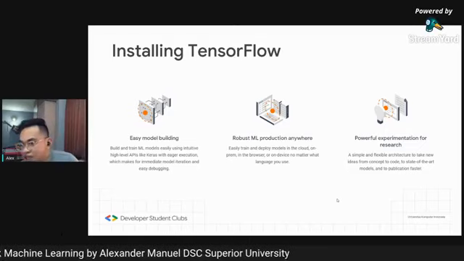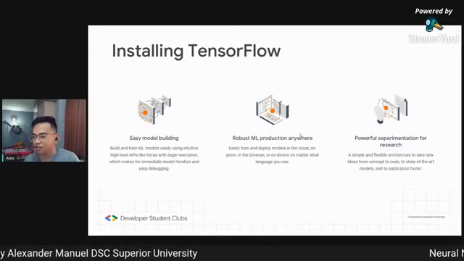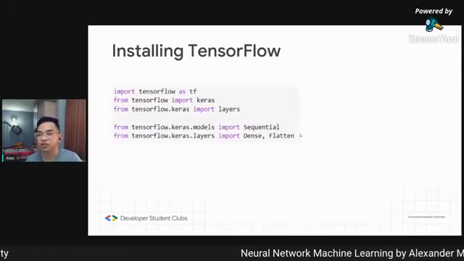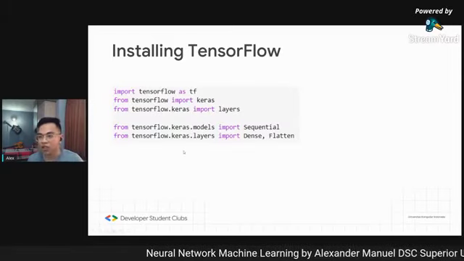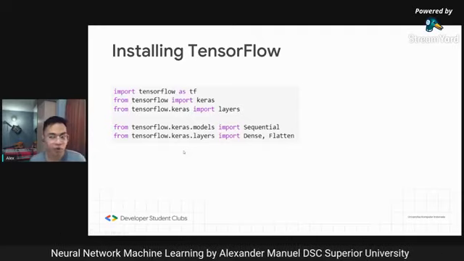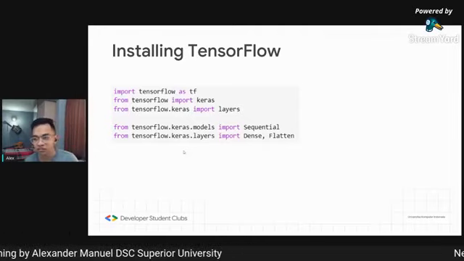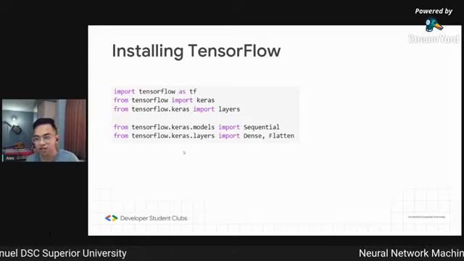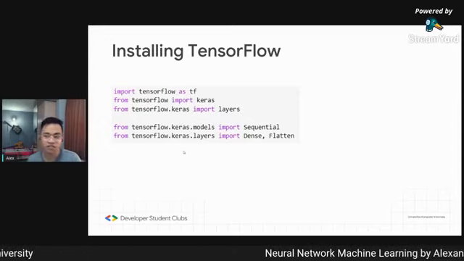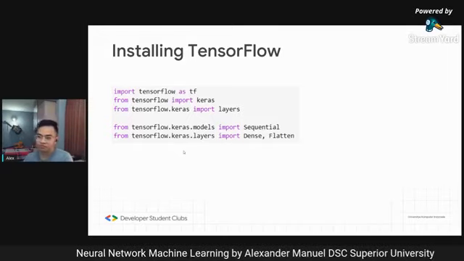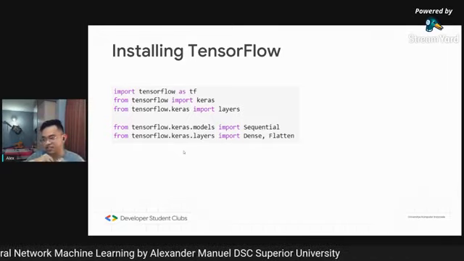It's easy to implement TensorFlow. We just write import TensorFlow as tf. Why tf? Because everyone does it. You could import TensorFlow as torch, but people will be confused. Then from the TensorFlow package, you import Keras.